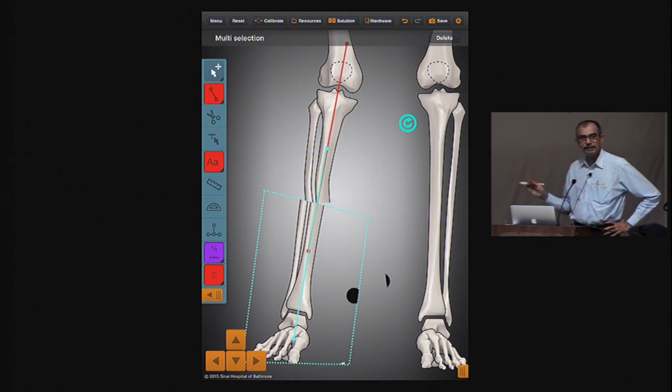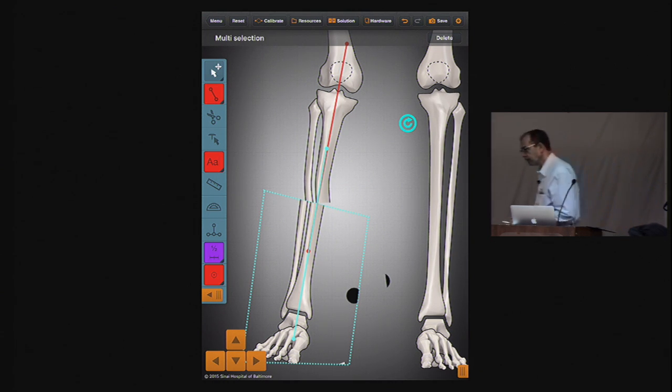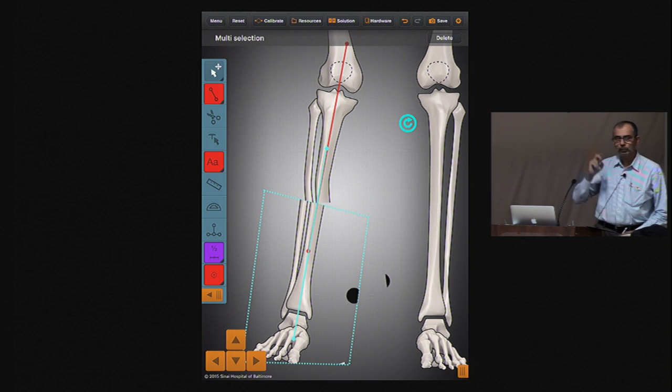There is translation at the fracture site, but if I hide this portion, do you see anything abnormal? No. Center of the knee is aligned with the center of the ankle, and you just get a little bit of a bump. So that's that X-ray with the red line which he showed you, that the femur looks like this, but the axis is perfectly right. So this is osteotomy rule number 2.